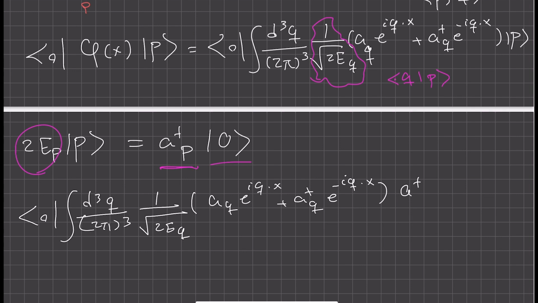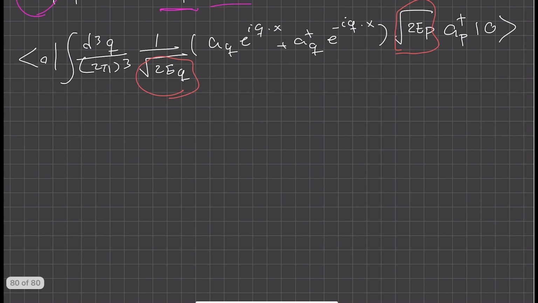Now I have this a dagger P acting on vacuum, and it's like the inverse of that, so I should take the energy up. So I have square root of 2E_P. Let me just bring it inside. So I have 2E_P a dagger P acts on vacuum. That's the beauty of it. This energy is going to cancel out this energy when we are integrating, and that's how we're going to get some Lorentz invariant factor, something that doesn't depend on the energy scale, because we need to get rid of those energies.